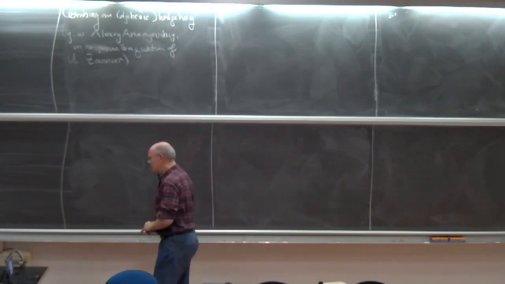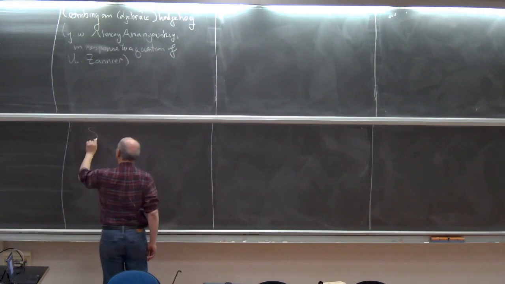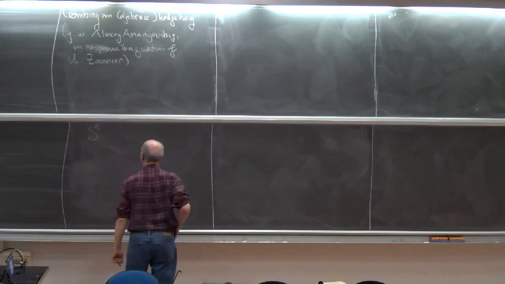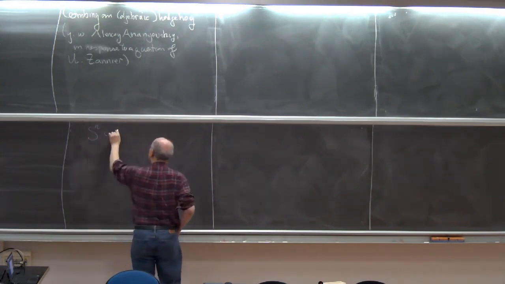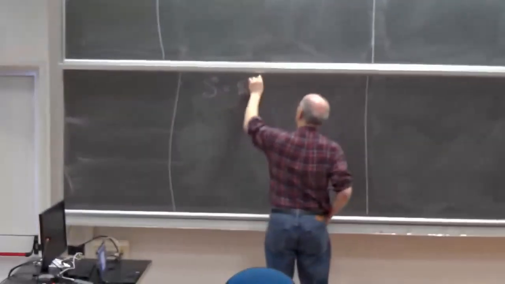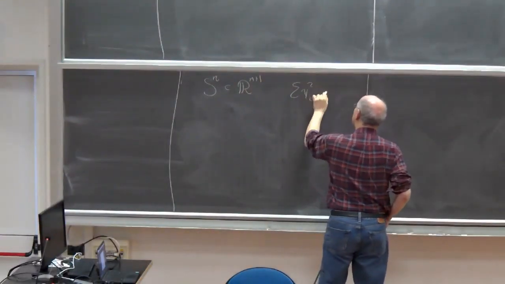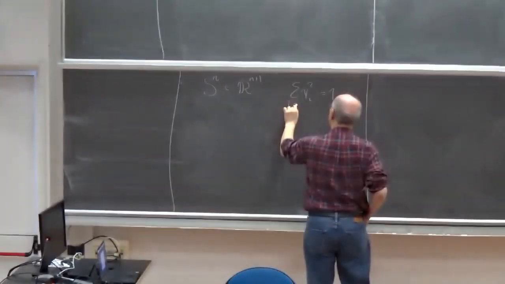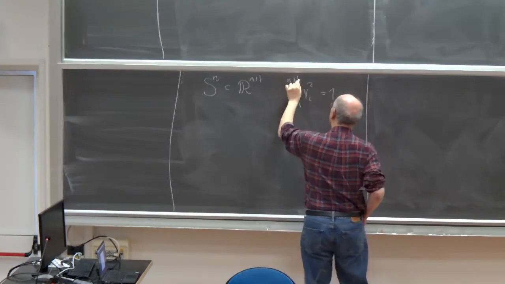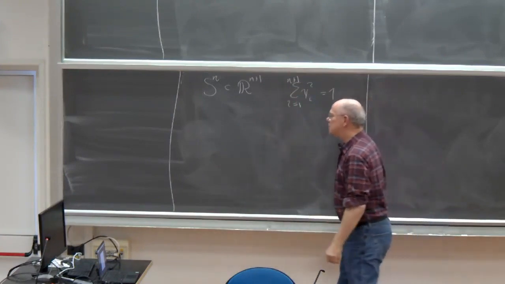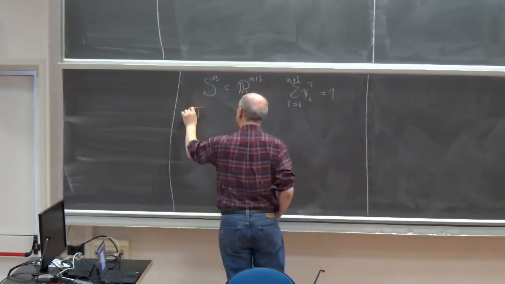So of course, I'm sure you all know, if you take just the usual n-sphere, you can think of this as sitting inside R^(n+1) as the sum of x_i squared equals 1. Then this is a smooth manifold, so it has a tangent bundle.